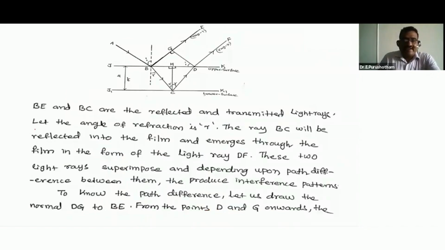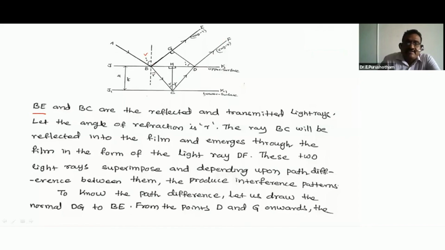You can see here, the AB monochromatic ray is incident on the upper surface at point B with incident angle i. Some portion of light is reflected as BE, and the remaining ray is transmitted through the thin film and incident at the lower surface at point C. It is also reflected from the lower surface and emerges from the upper surface as DF.